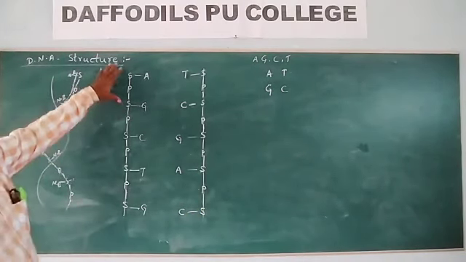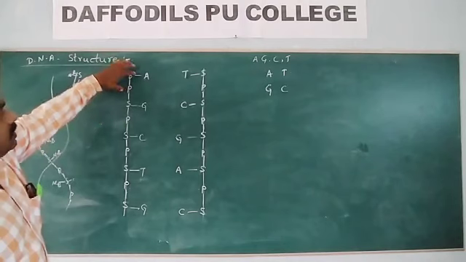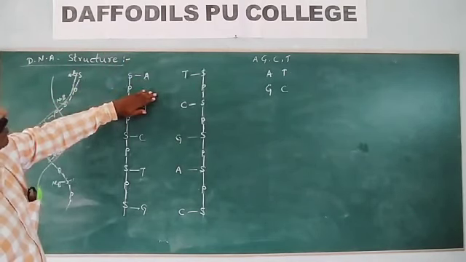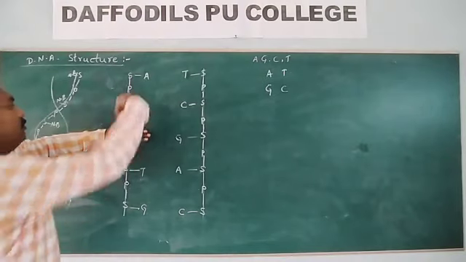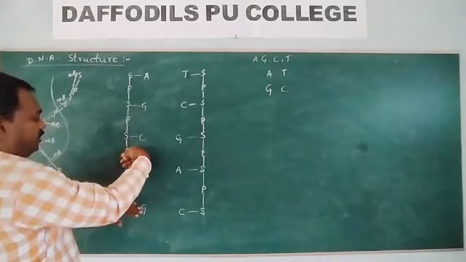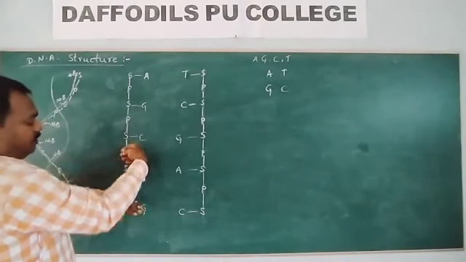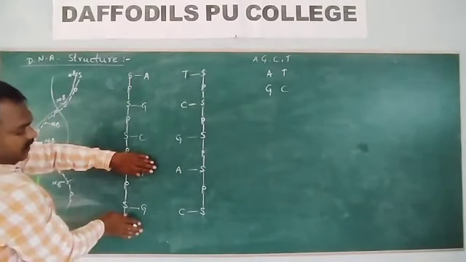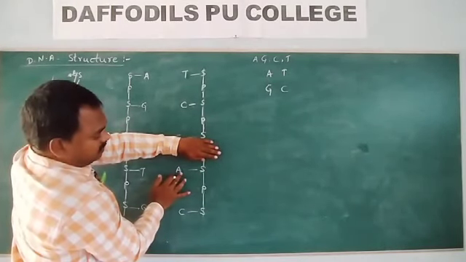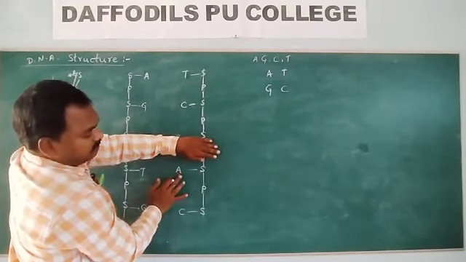So this part, sugar, phosphate group, adenine, is a nucleotide. This is a nucleotide. This part is a nucleotide. Sugar, phosphate group, nitrogen base.